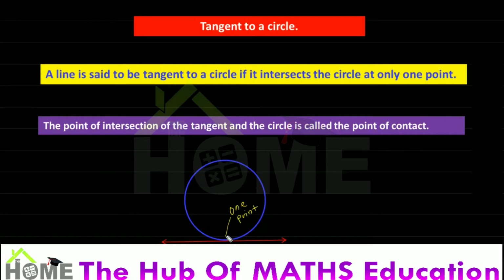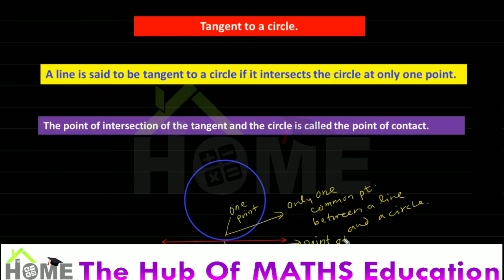It means there is only one common point between a line and a circle, and this common point is called the point of contact.